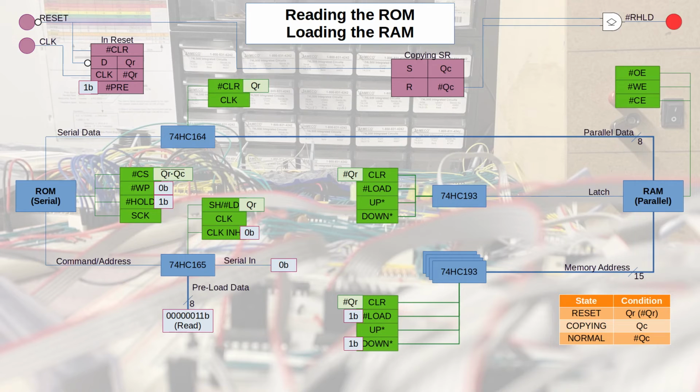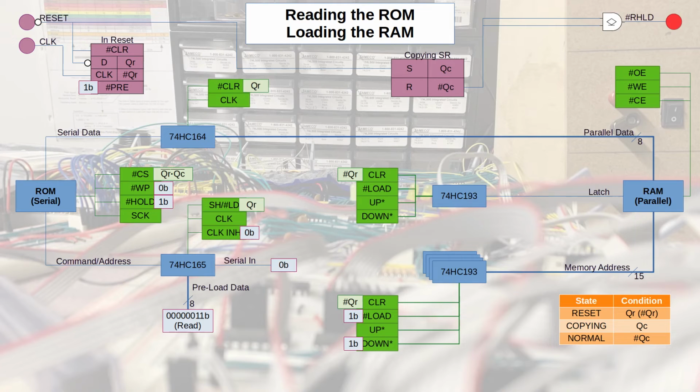For the serial ROM, we want chip select to be low only after reset is complete, but while the copying is still taking place. Reset is complete when the QR signal comes high. Copying is taking place when the QC signal is high. Now, the QC signal is also high during reset, so we can't use that just independently.